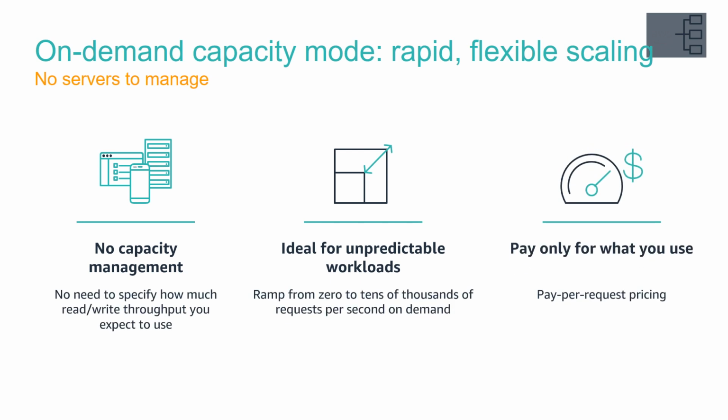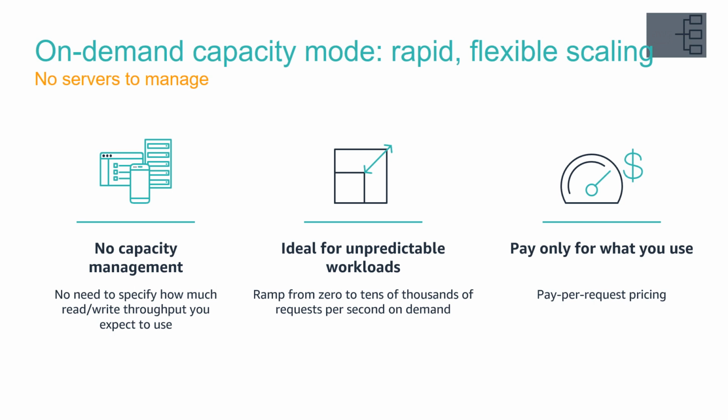DynamoDB provides different ways to consume the service. DynamoDB On Demand is a flexible new billing option for DynamoDB, capable of serving thousands of requests per second without capacity planning.